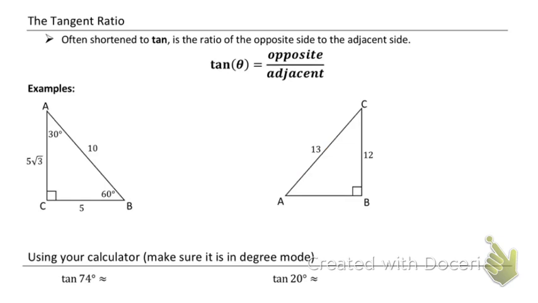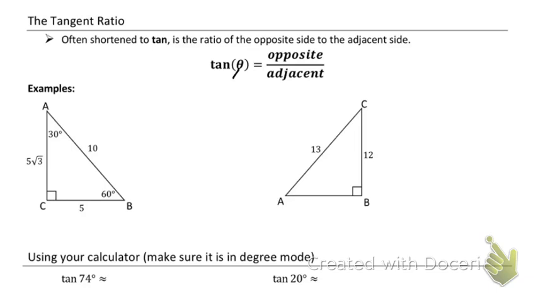All right, the very first trig thing we're going to talk about is tangent. Tangent is most often abbreviated with just TAN. You can call it just tan. Tangent is a ratio. So if we look here, we have tangent of an angle.